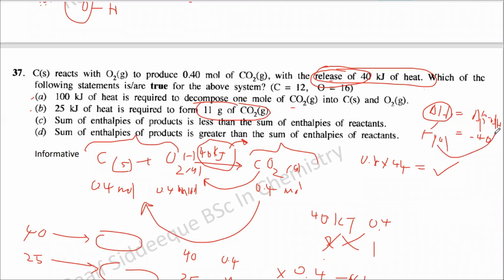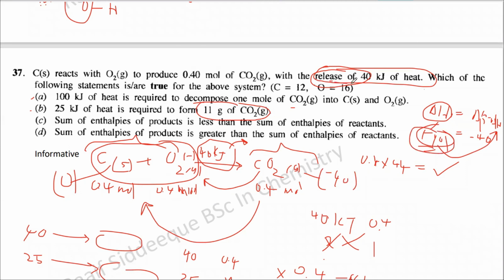The enthalpy of the reactants is 0. The final enthalpy is negative 40. So the reactant enthalpy is 0 and the product enthalpy is minus 40. That is when you get the overall as minus 40, which is the release of 40 kilojoule. Okay. So according to these two, you can tell which is more and which is less.